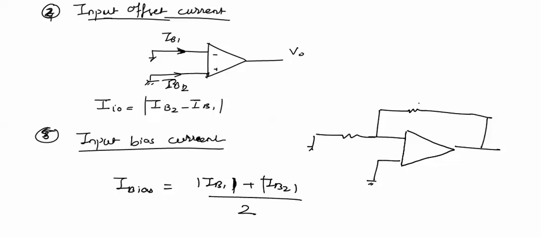If this is the circuit RF, R1, then for this circuit the input bias current affects the output. We will see how. But to reduce the effect of input bias current, a resistor is connected in this arm called offset minimizing resistance, ROM, and its value is equal to RF in parallel with R1.